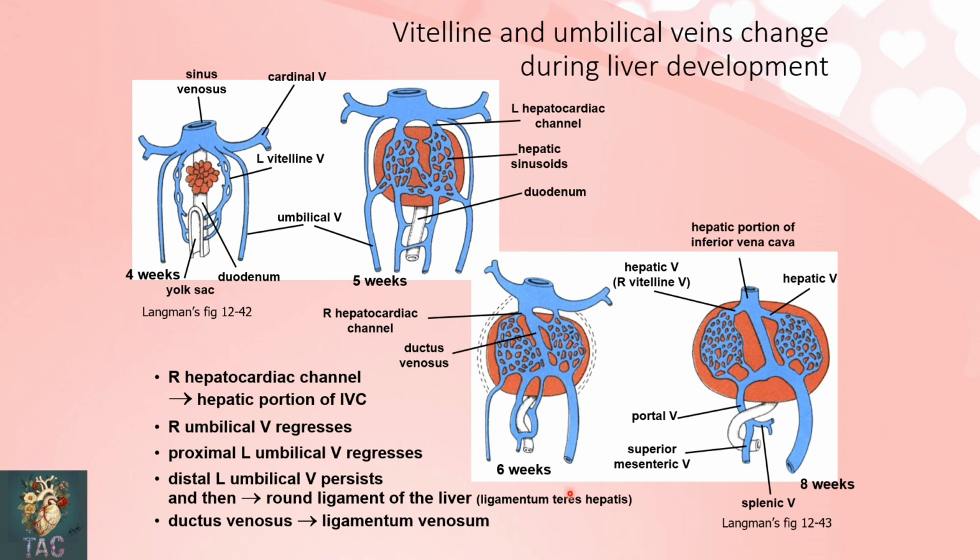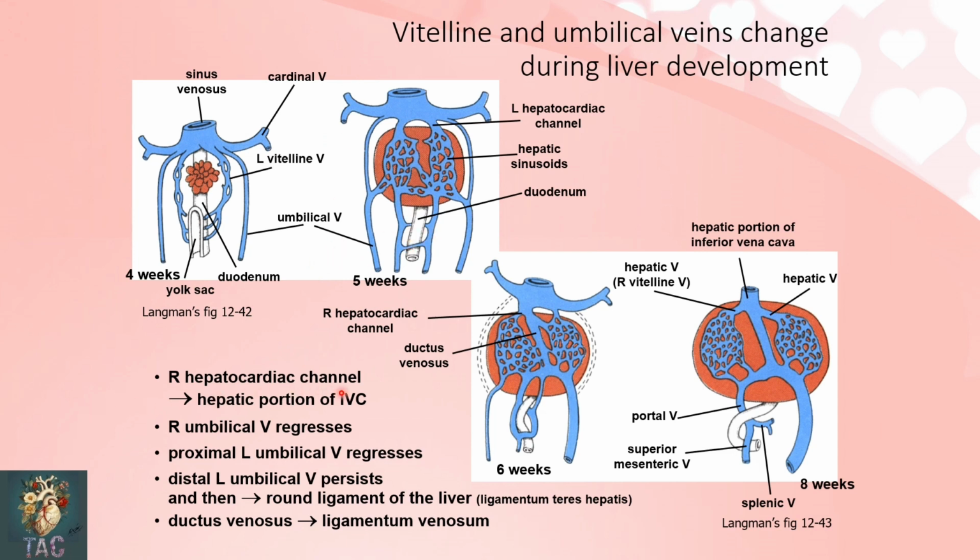Here you can see the left umbilical vein, and the proximal part of the left also disappears, while the right one completely disappears. The blood comes from the placenta through the left umbilical vein, and it bypasses the liver sinusoids through the ductus venosus, and it enters the right hepatocardiac channel. So these are the changes in the umbilical veins as well as the vitelline veins.